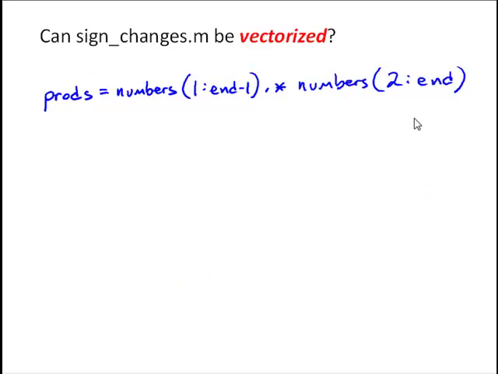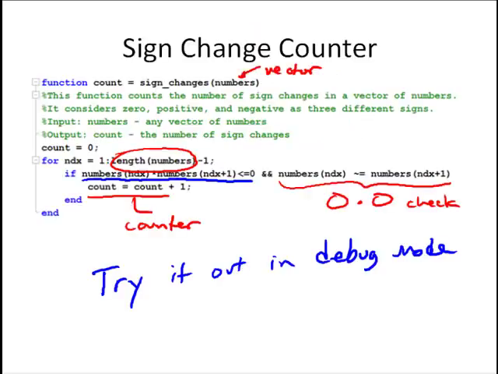Then what we want to do is count. Remember, we can count by using the find command, or sorry, by using the sum command. So we can just say count is equal to sum of prods greater than or equal to 0, and now we need to think carefully about this other step: numbers of index not equal to numbers of index plus 1.